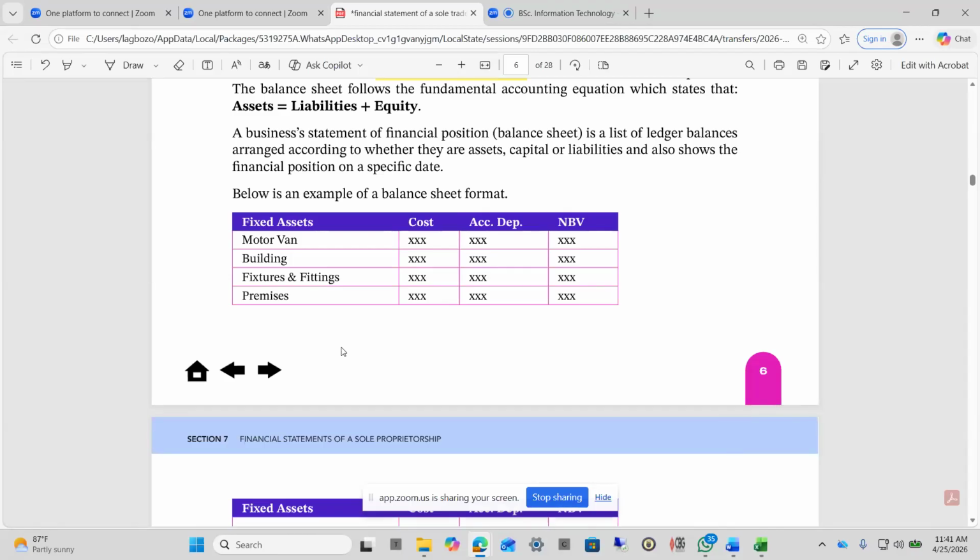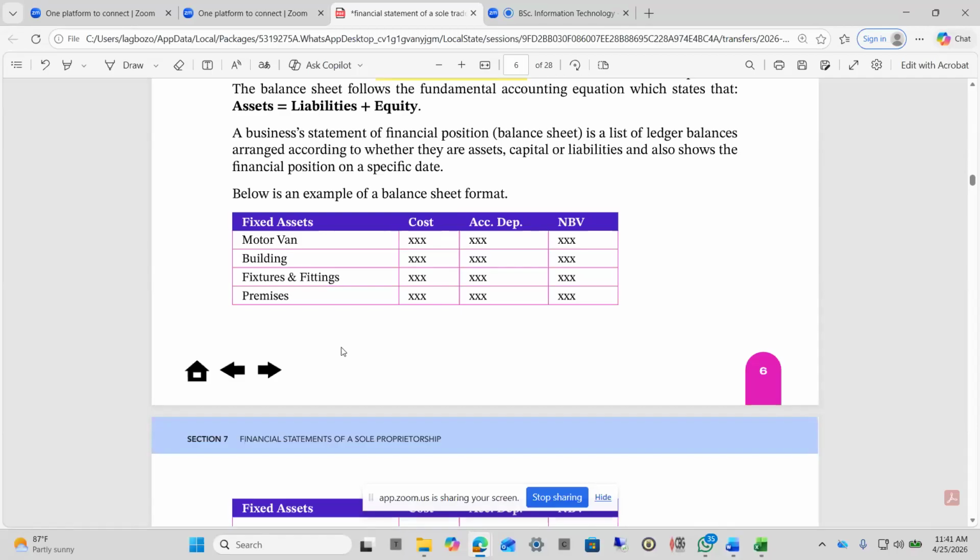Then I said the assets are also divided into 2 main components: the fixed assets, which we also call the non-current assets, and then current assets.